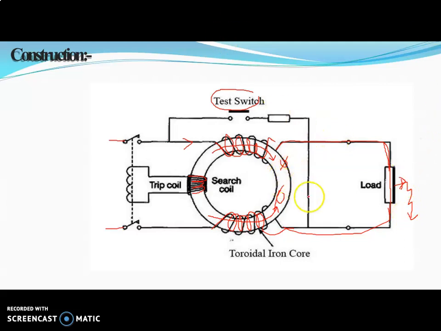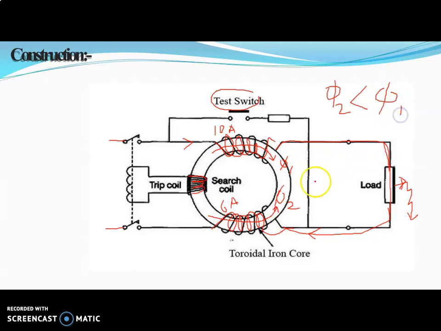Therefore the current flowing through the secondary coil of this toroidal type transformer is less. Suppose 10 ampere current is there, here only 6 ampere current is flowing through this coil, therefore the flux produced by this coil is lesser. This flux is phi 1, this flux is phi 2, and phi 2 is less than phi 1, correct?